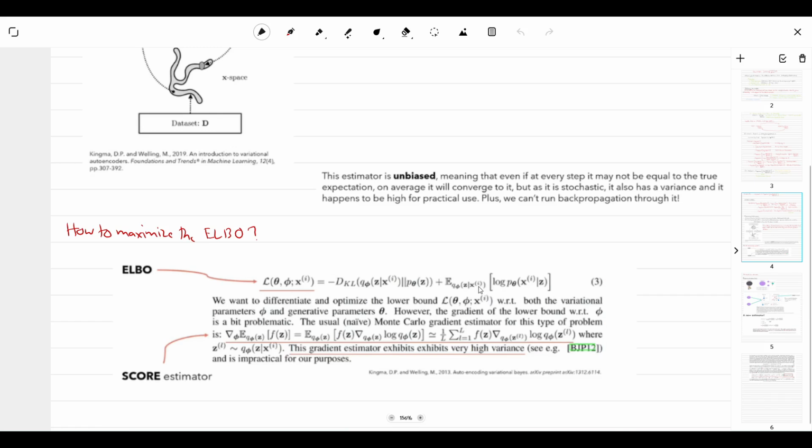But as noted here, it has very high variance and is impractical for our uses. And it also leads to unstable training. This means we need some form of a trick to maximize the ELBO efficiently and enable backpropagation. Now this trick is called the reparameterization trick, and we'll cover it next.